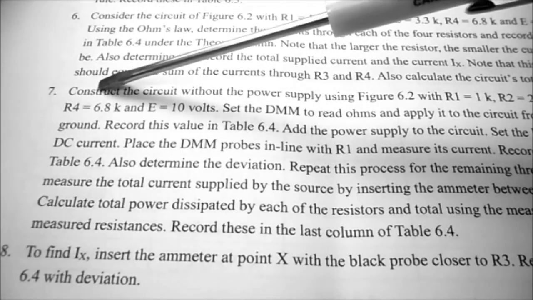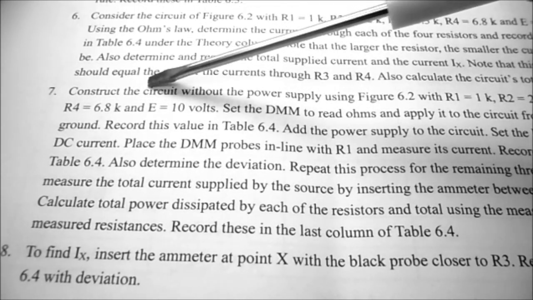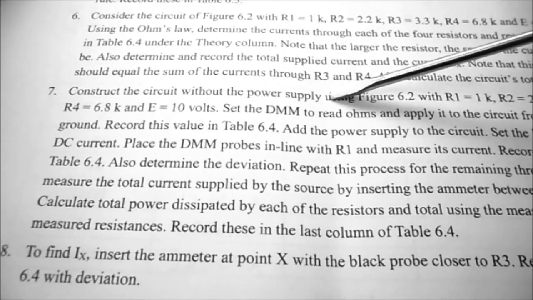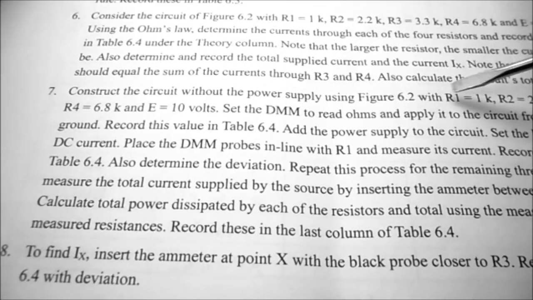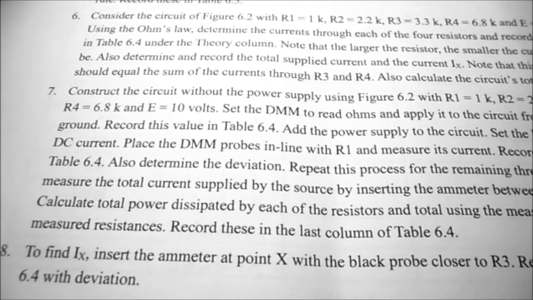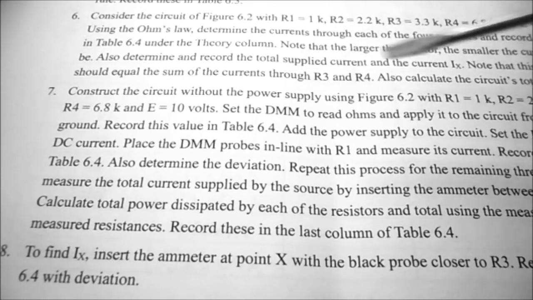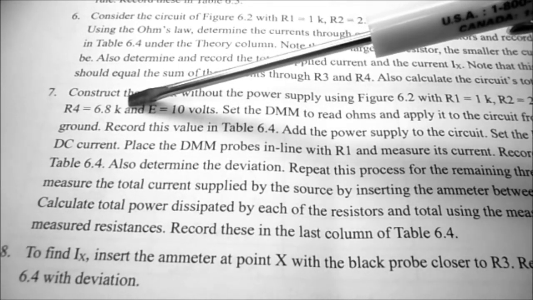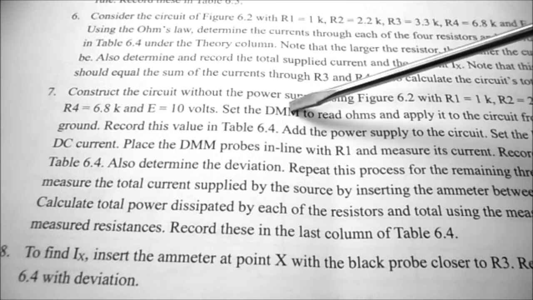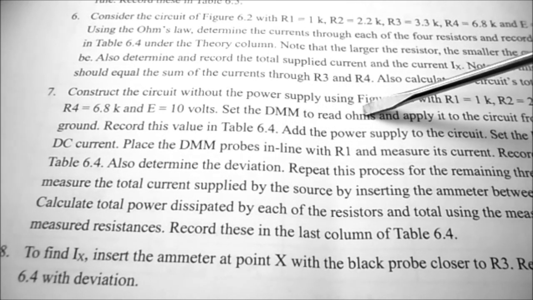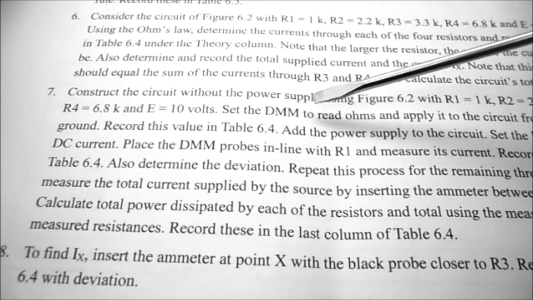So step 7 under the procedure, we're going to construct the circuit without the power supply. So we're going to be using the 1K, the 2.2K, the 3.3K, and the 6.8K ohm resistor. And we're going to set up the DMM to record ohms and record that in table 6.4.